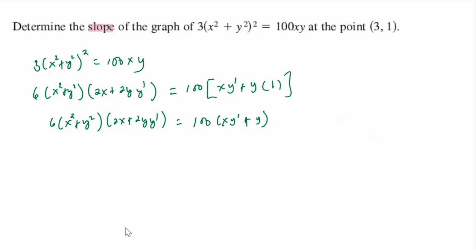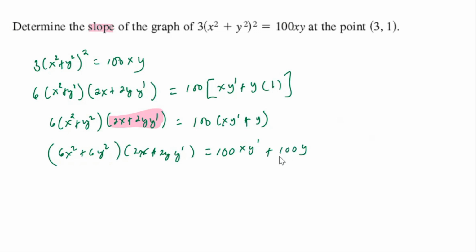Now, if I'm going to use the distributive property from this point, we have 6x squared plus 6y squared times the quantity 2x plus 2y y prime is equal to, using the distributive property, 100x y prime plus 100y. Now, since there are y prime on the left side and the right hand side, our goal there is to write it in one side only.